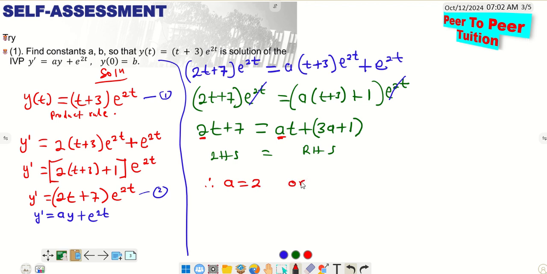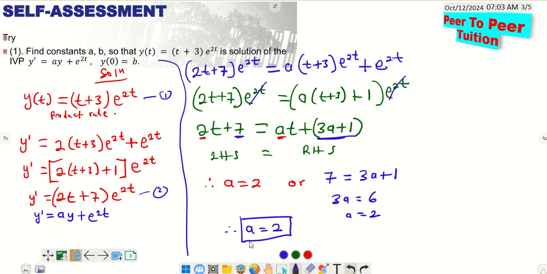Or the constant, which is 7, should also be equal to this constant, which is 3a + 1. So we can also say that 7 should be equal to 3a + 1. And whichever way, 3a will be equal to 6 and a is equal to 2. So we can conclude that therefore a is equal to 2. That is for the a.